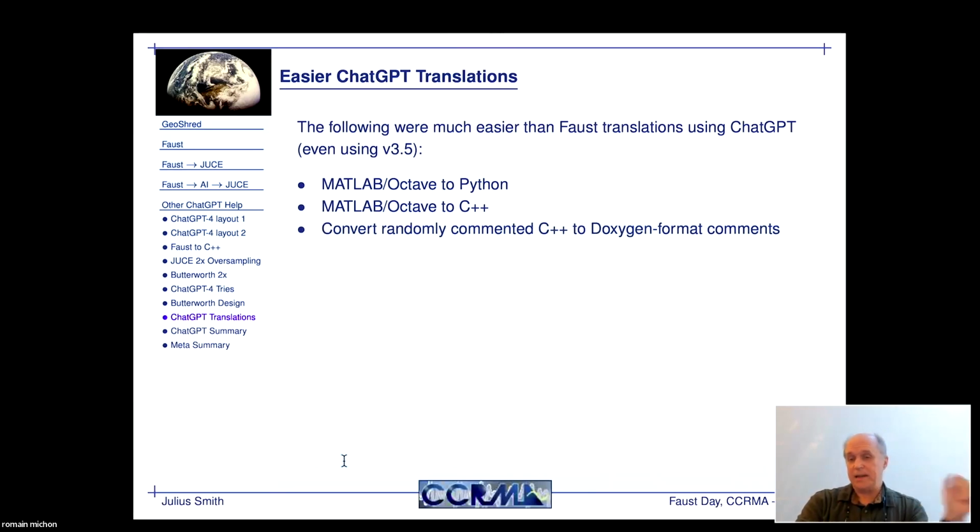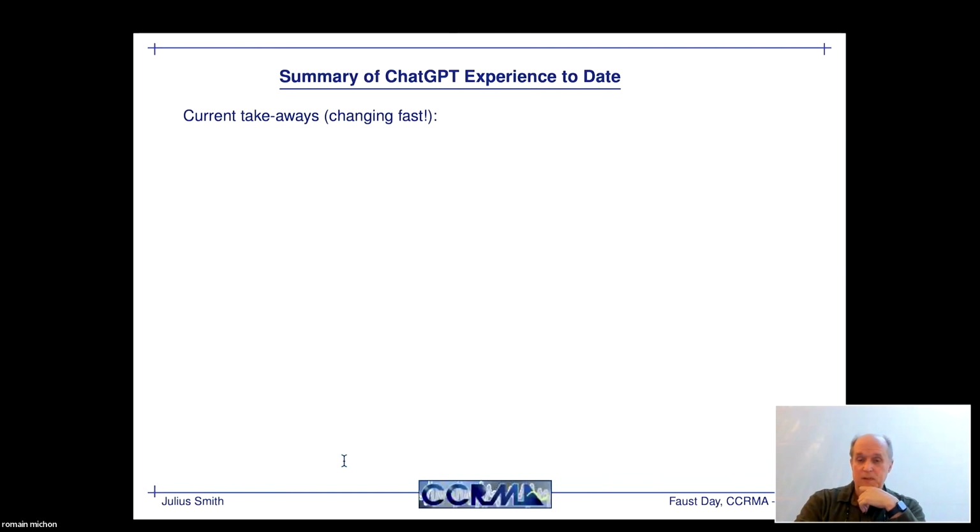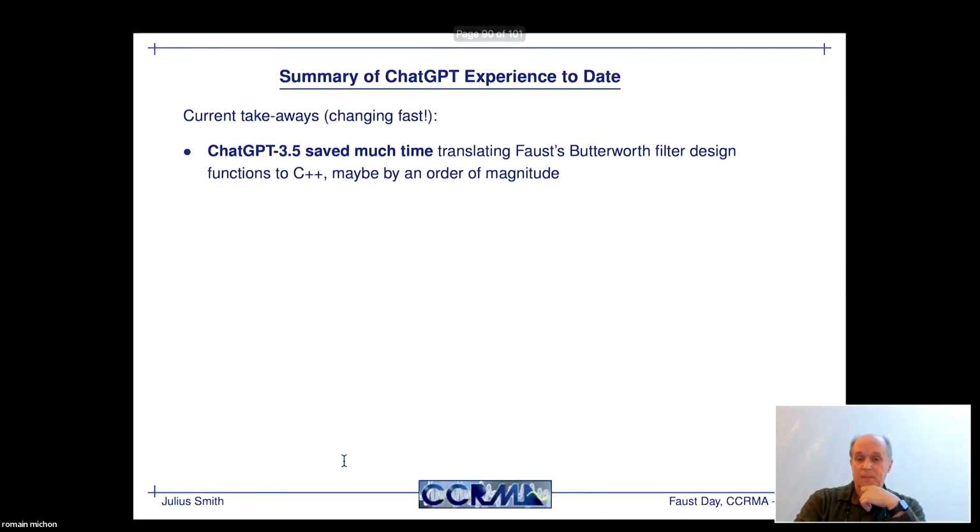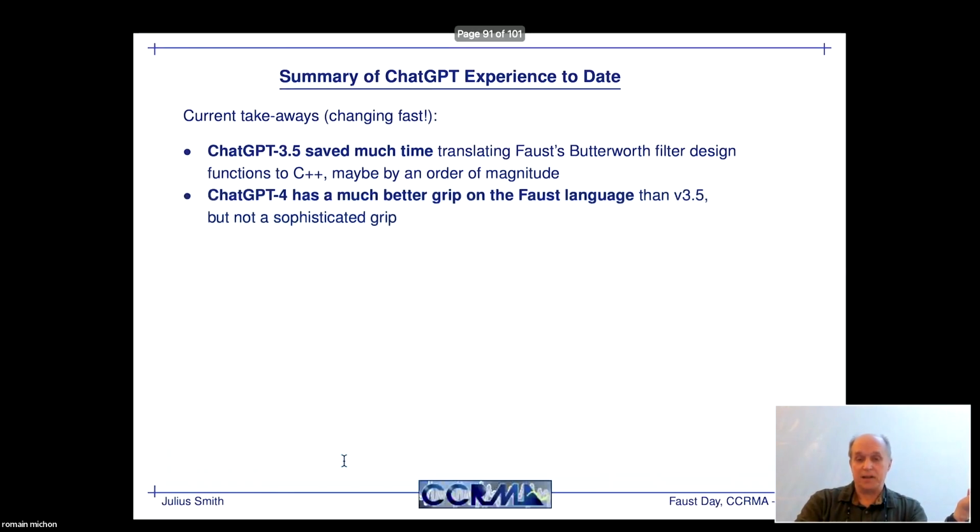And I can take any comments in any random program and get them in Doxygen format. I'm getting good luck with unit tests, and if it's general purpose C++, it tends to be really right. And if it's signal processing, I usually need to spend a lot of time debugging it. It doesn't know signal processing very well. So even 3.5 saved time. I would say a lot of time.